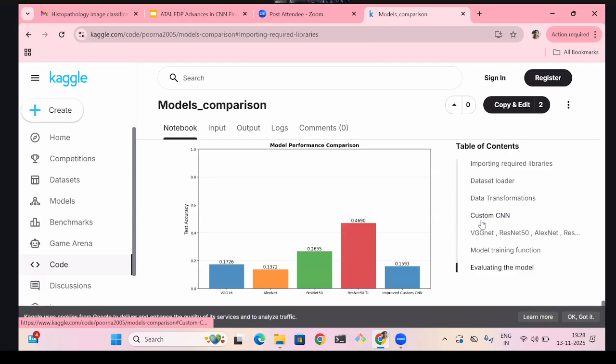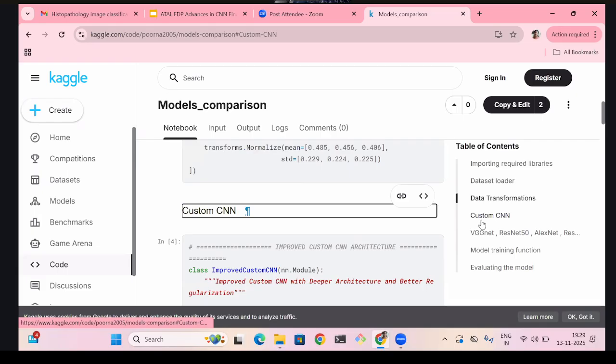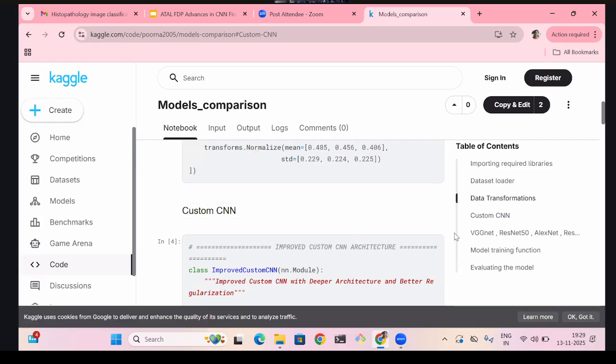Since the data set size is very small, we were not able to fine-tune the models properly, and we were not able to achieve better results. If you try to train more, overfitting will happen for the deep architectures, not the custom CNN.